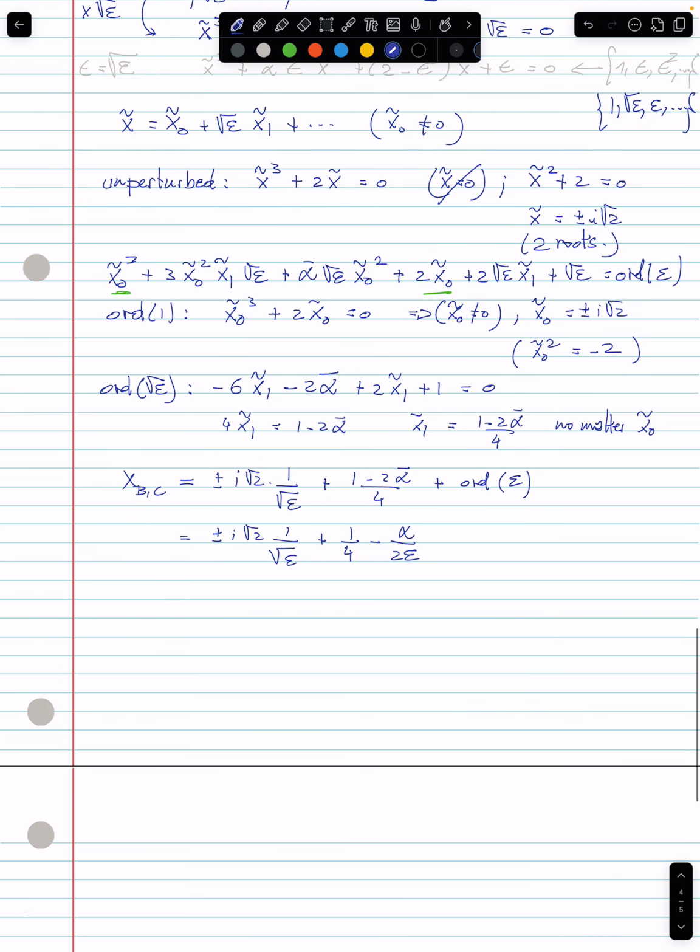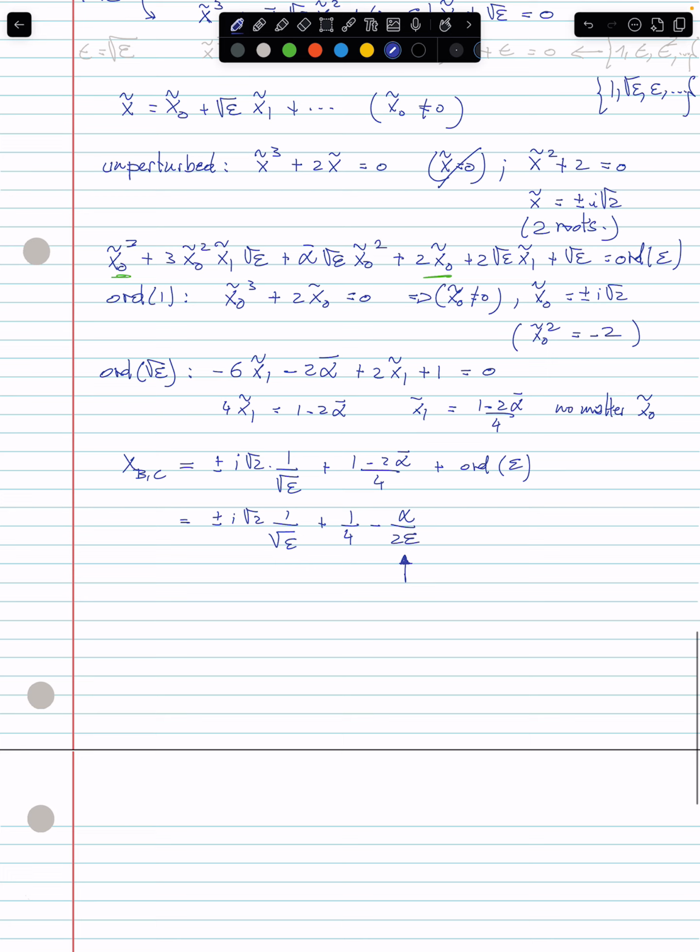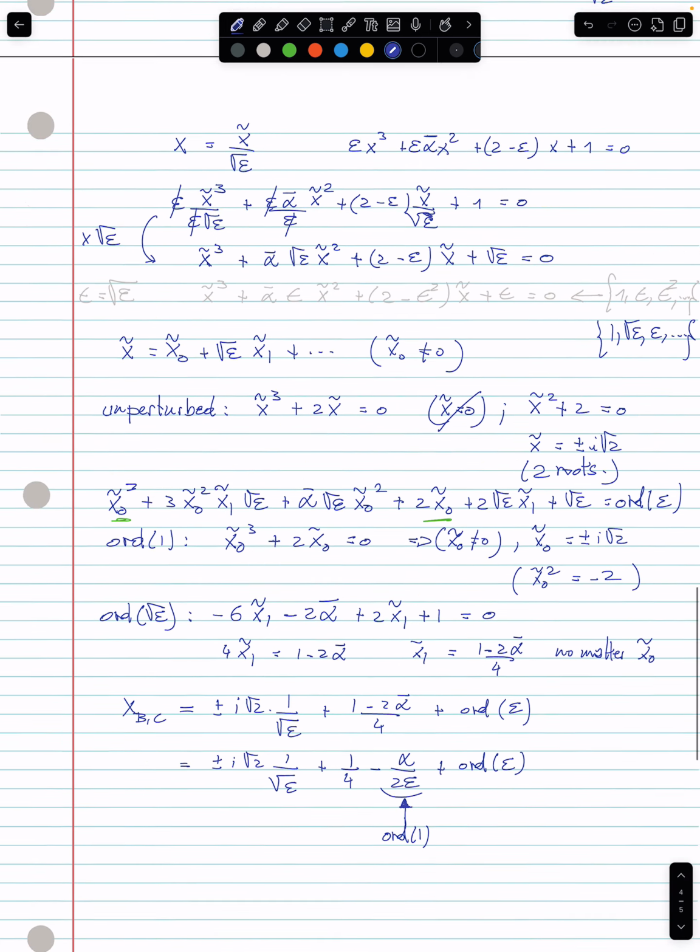Okay, so this might be slightly misleading, but keep in mind that alpha over there is a small number. So at the end of the day, this is of order 1. Okay, so all this term is something that is of order 1, so it shouldn't be a problem. All right, and so we have the other two roots. Good.